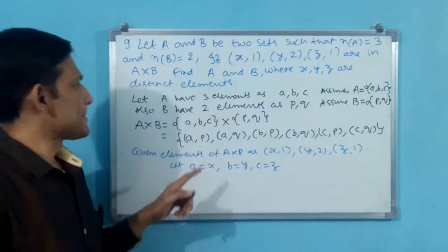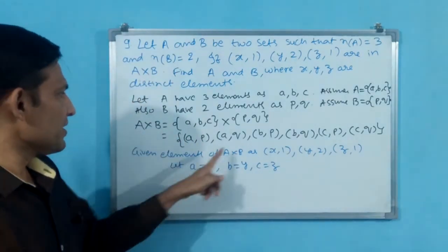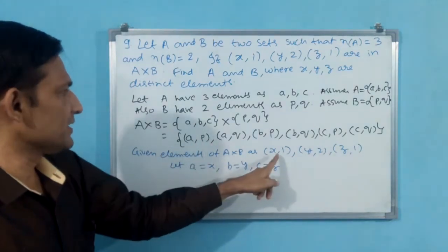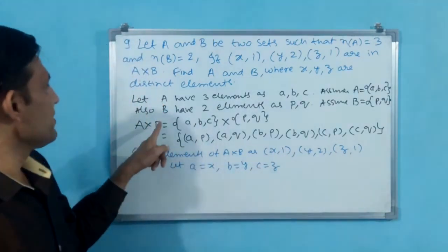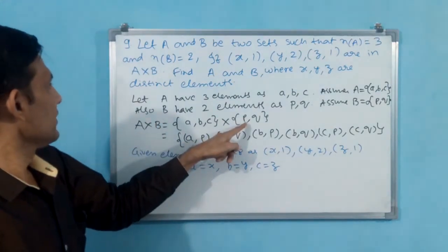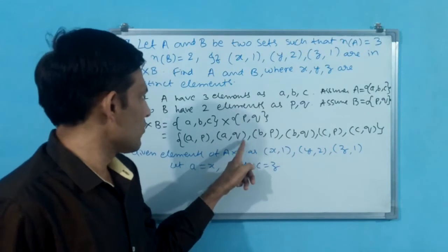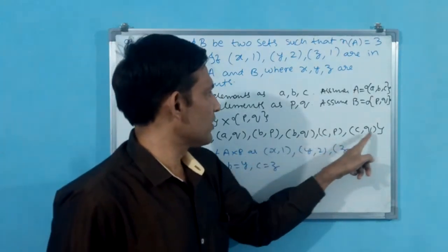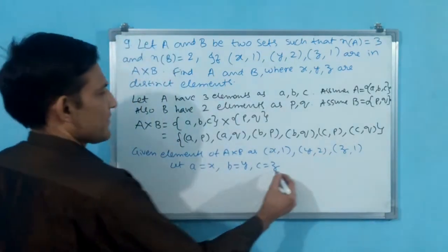Why? Because elements from A will come in the x coordinates, and elements from B will come in the y coordinates.